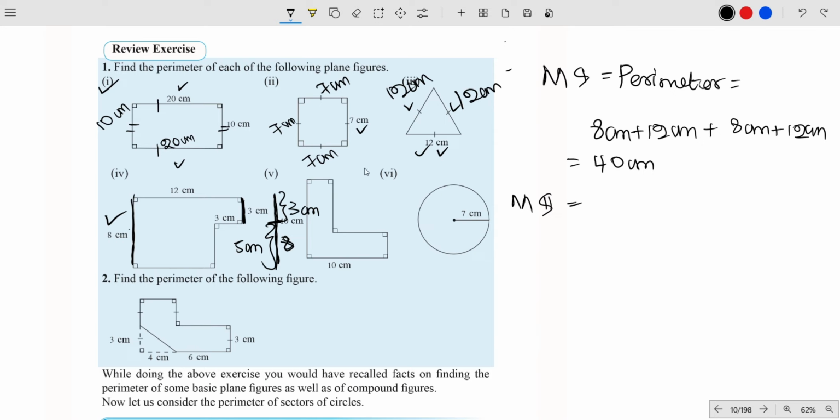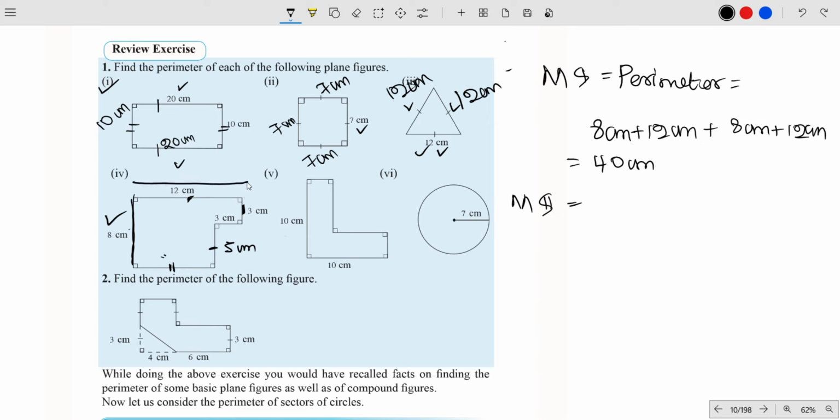I think you got the idea. This full length is equal to 8, and this part is 3 centimeters, so this part will be 5 centimeters. So this one is 5 centimeters.